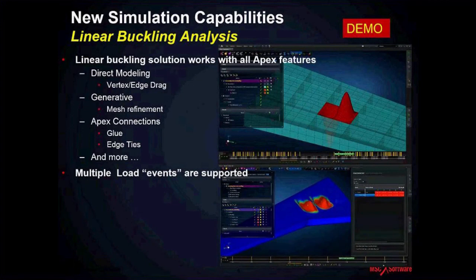Plus, in linear buckling analysis, we're also giving you the load events. That means multiple loads can be applied, and you can look at the buckling behavior for each of those loads individually. Let's take a look at that.